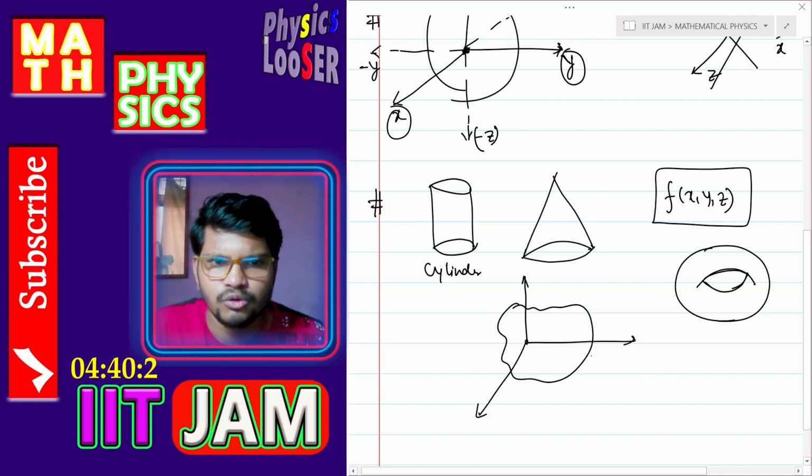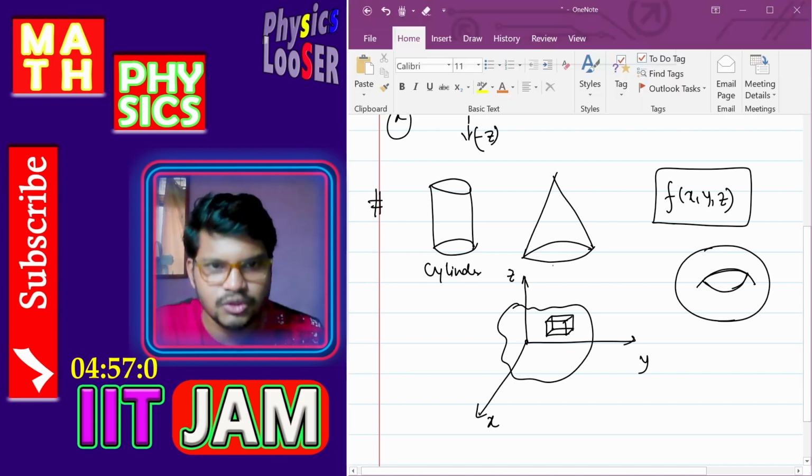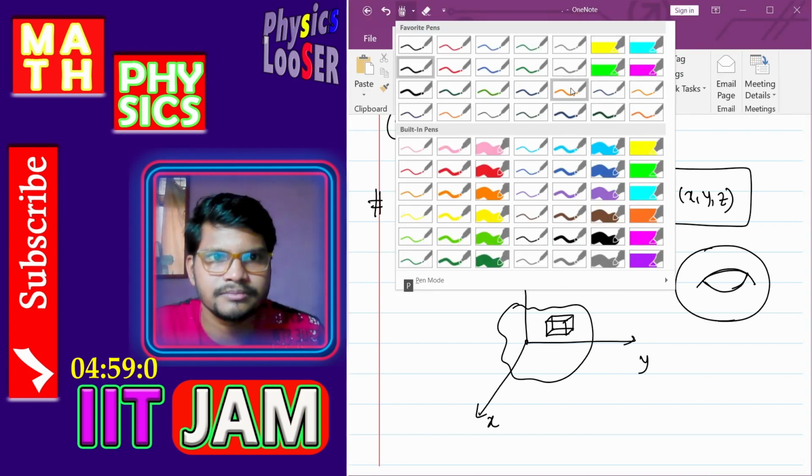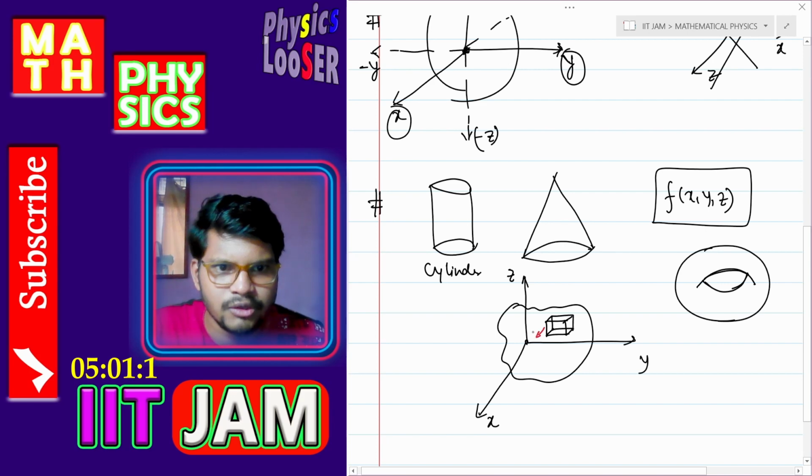Usually, we can cut out a small piece, which is like a cuboid. If you go in the x, y, and z directions, coming this side you have dx, going this way it is dy, and going upwards it has dz.